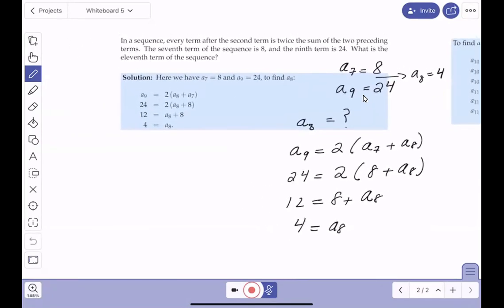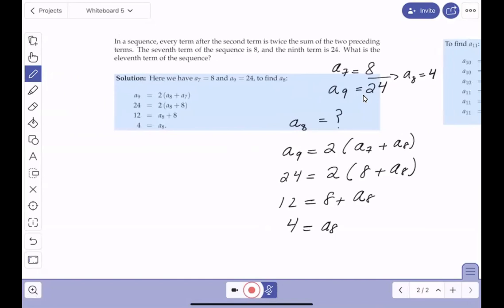All right. So somebody say, how could I get there? Let's write this down. A7, A8, A9. Let's write this down now. What do you get? 8 is A7, 4, 24.